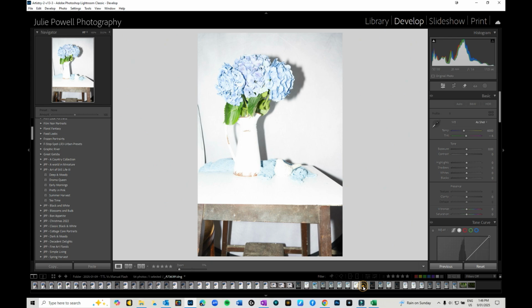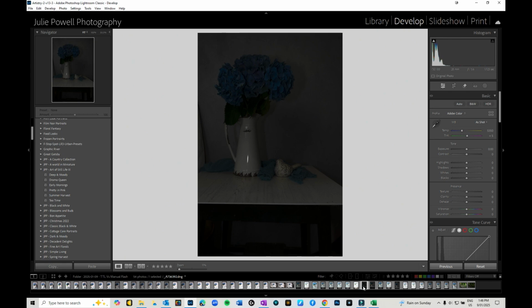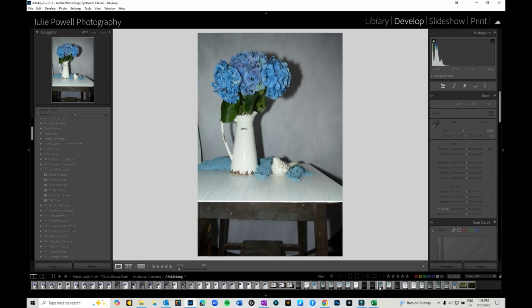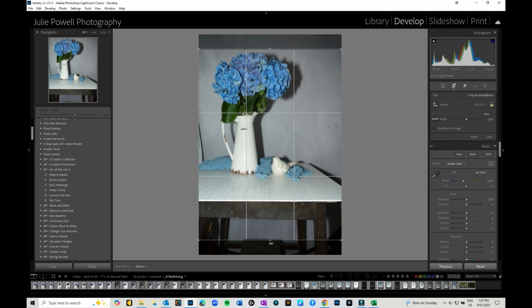So look, you really can't tell by looking at the photos whether you used TTL or manual. It's all about exposing correctly for your scene. If you are using TTL, it can be a little bit easier to figure that out. So if I was to just come in and crop that.